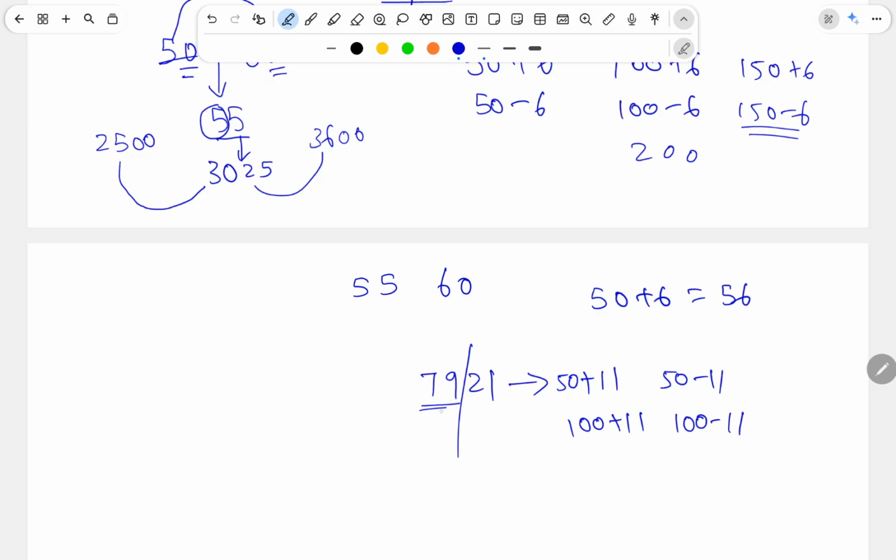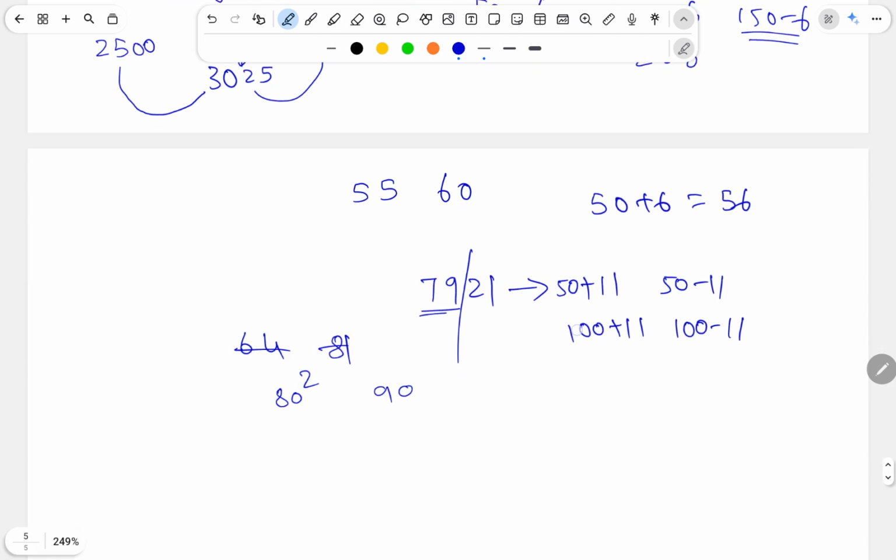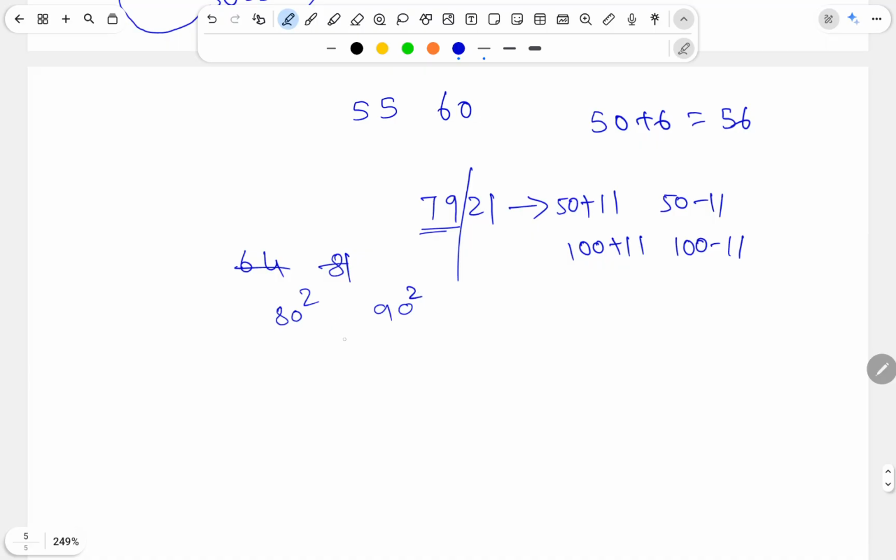Now see, the rest of the two digits, 79, is near to above 64 and below 81. 8 square and 9 square means 80 square or 90 square. Between these both there is a number 85 square. What is 85 square?